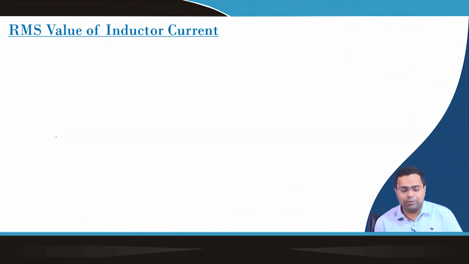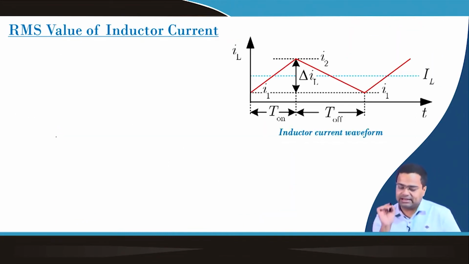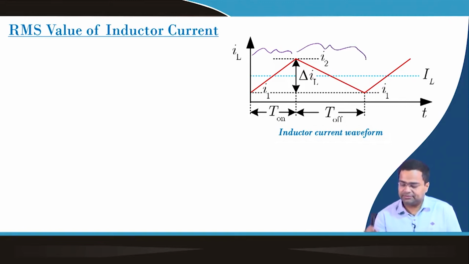Now, we want to compute this for the inductor current. For the inductor current, it has only two intervals, like this interval and this interval. What is this interval? This interval is on time and this interval is off time. In the beginning, the value is I1 and the final value is I2. For this interval, I2 is the initial value and I1 is the final value.